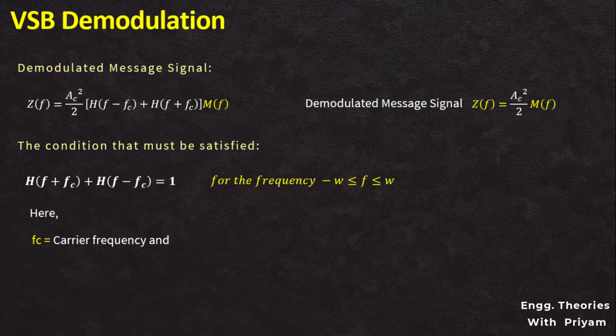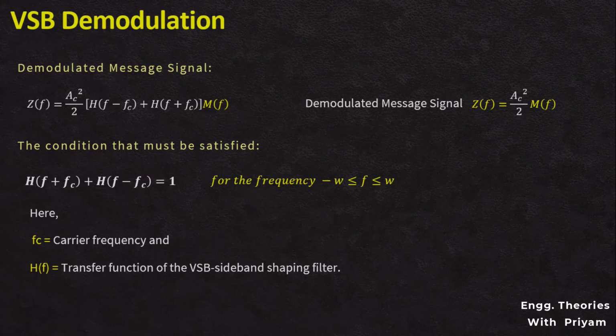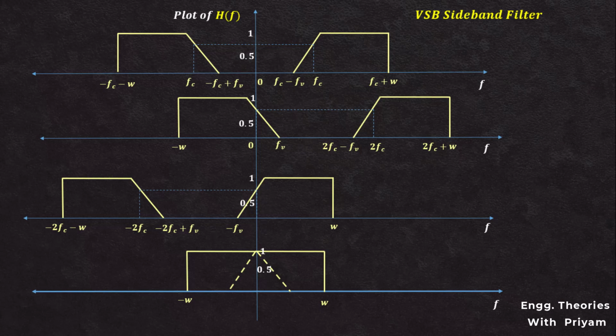Here, fc is the carrier frequency and H(f) is the transfer function of the VSB sideband shaping filter. If the condition is maintained, then from the equation of Z(f), the demodulated signal will become Ac^2/2 times M(f), which is the frequency response of the message signal multiplied by the constant Ac^2/2. Now, this frequency response of the VSB sideband shaping filter looks like this.